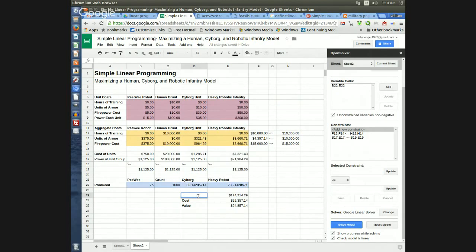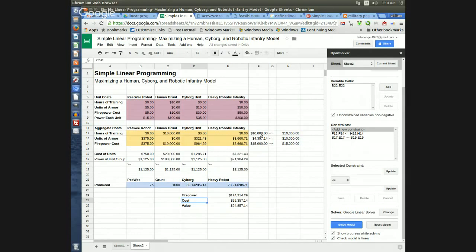Firepower is 124,000. Why? So the minimum of each group should be about 1,000 something, right? So PB robots are minimized. Human grunts are very popular. Cyborg units are minimized, and heavy robotic infantry is definitely not minimized. It's about 20,000 above baseline.